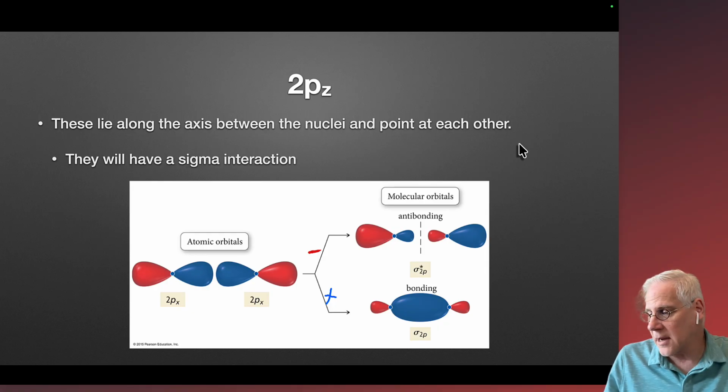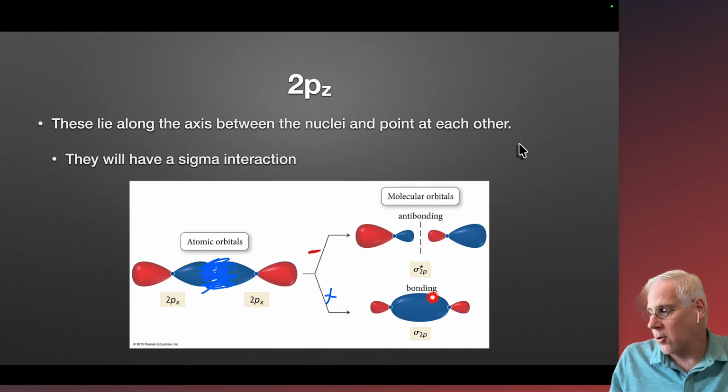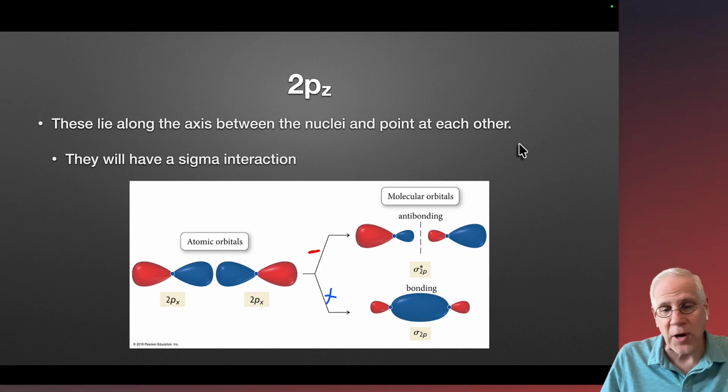In the additive interaction, the area where they overlap is going to become much more dense in between and lead to our bonding orbital. So we get a sigma 2p. And then in the areas where they subtract, we're going to get something that looks like this here, where when they're out of phase, you can think of subtraction as addition out of phase.